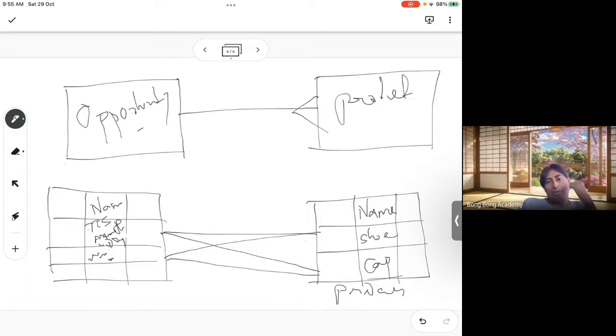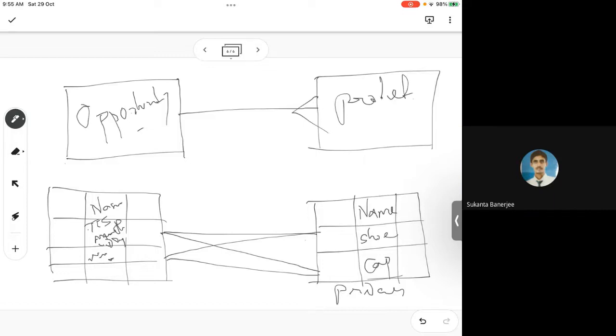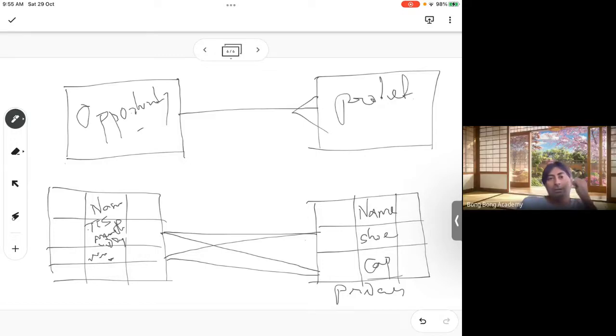Cap is also linked to two orders. Right. There are multiple orders placed on this table, which will use the same products, right? So it is one to many from this side also. When you have one to many from both sides, it becomes a many to many relationship.